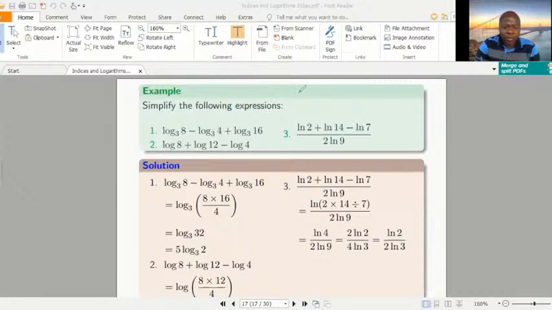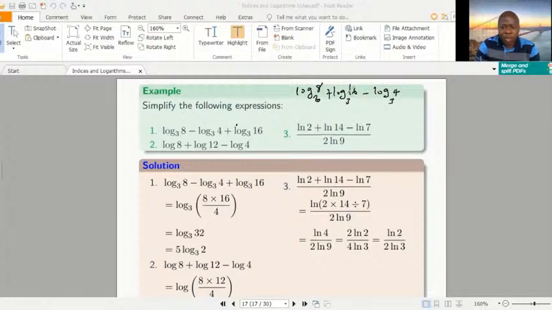What I have in question, this one is being multiplied. The sign before it is addition. So let me just rearrange. What I have is log of 8 to base 3 plus log of 16 to base 3 minus log of 4 to base 3. So I've just rearranged.